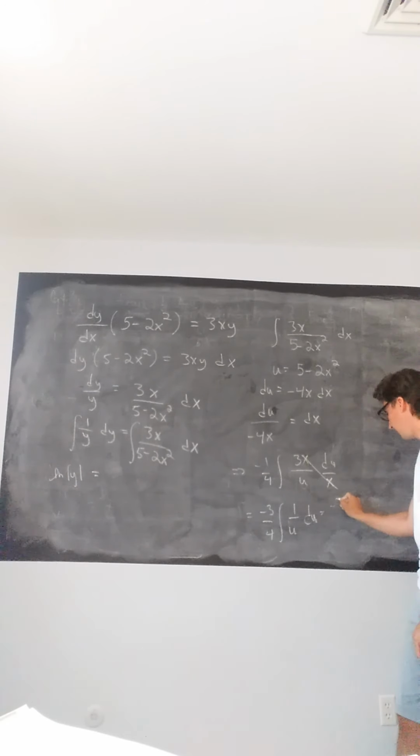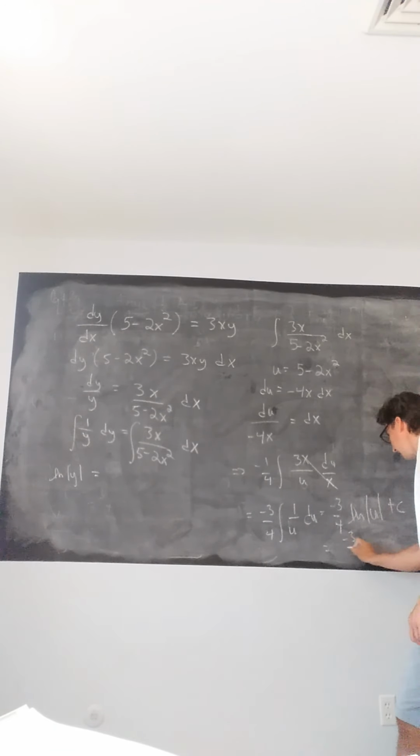So now this is negative 3/4 times the ln of u plus c. So that means you've got negative 3/4 the ln, and our u is 5 minus 2x squared, plus c. So that integral yields negative 3/4 the ln of 5 minus 2x squared plus c.